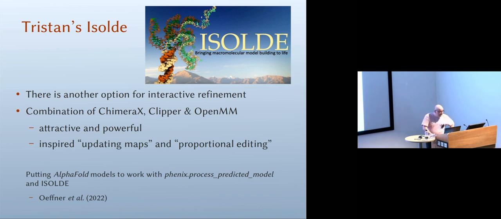It's attractive and powerful, and Tristan's implementation of this and demonstrations inspired me to add what I call updating maps and proportional editing into Coot. If you want to see a recent paper about that, you can see the paper at the bottom of the screen, and Tristan also has some tutorials on YouTube.